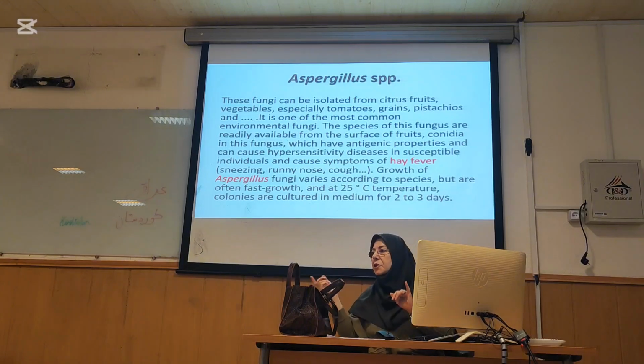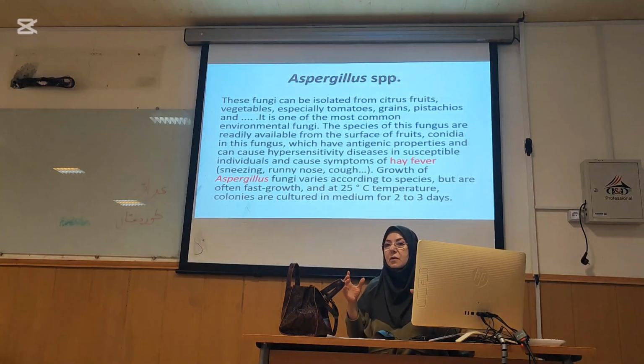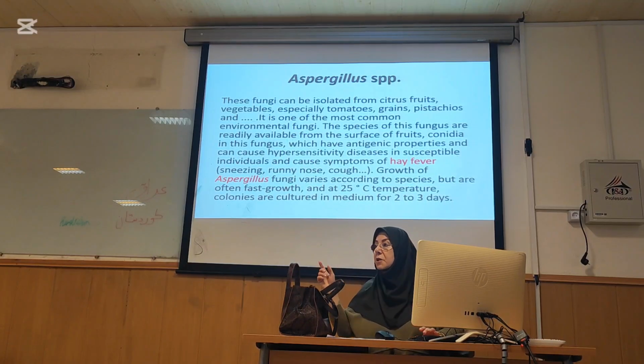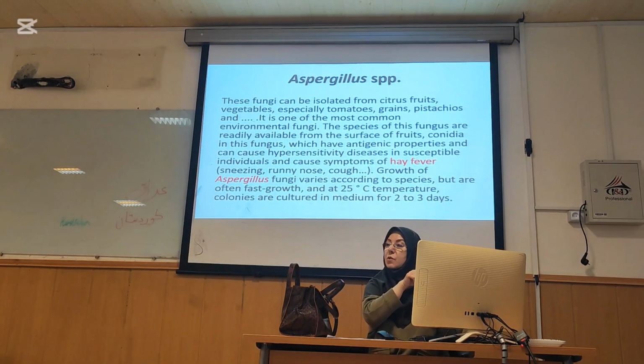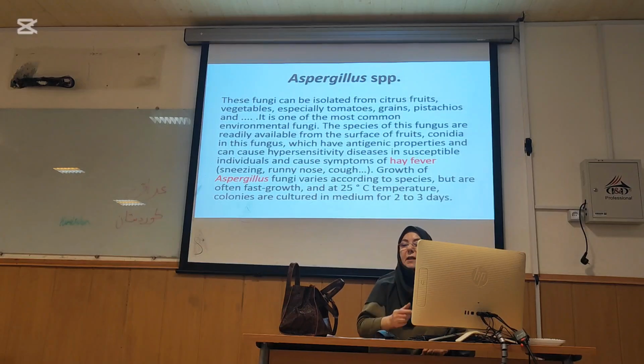SPP means species. Because Aspergillus has about 900 species. The genus Aspergillus has more than 900 species. So it is a very important saprophytic fungus, seen all over the world in soil, air, water, and so on.